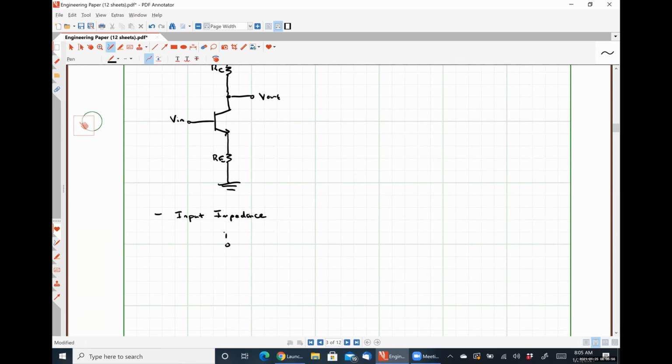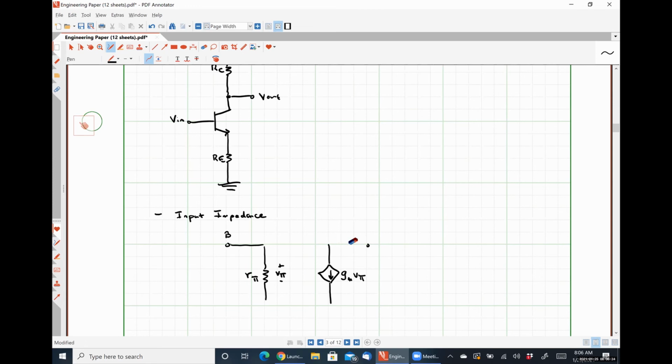So here's my base. Here's r_pi, voltage v_pi. Here's my current source, gm v_pi.